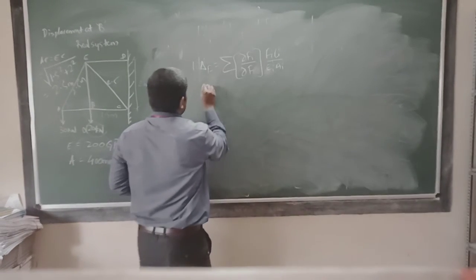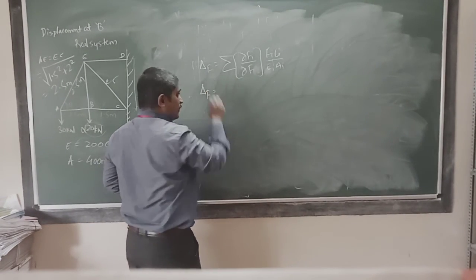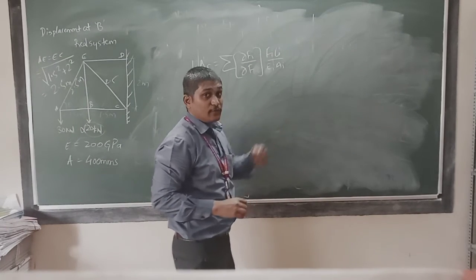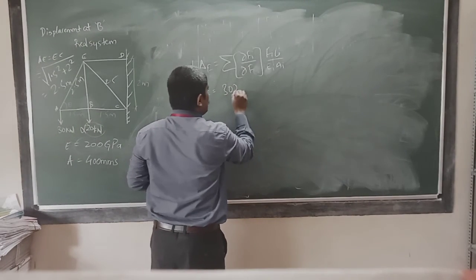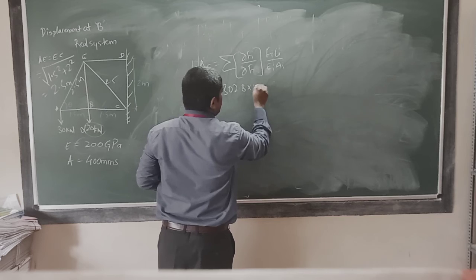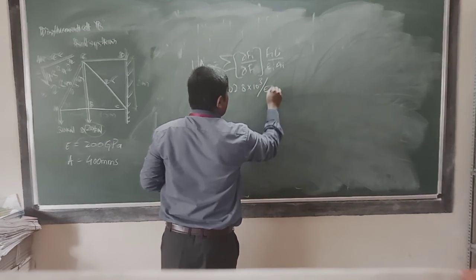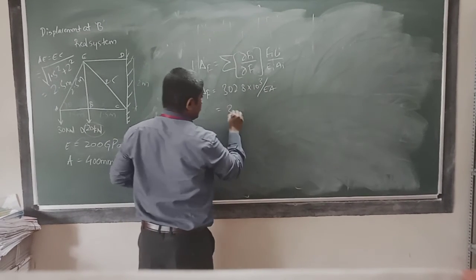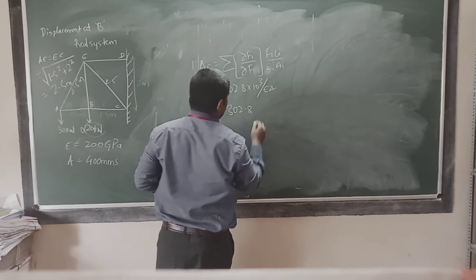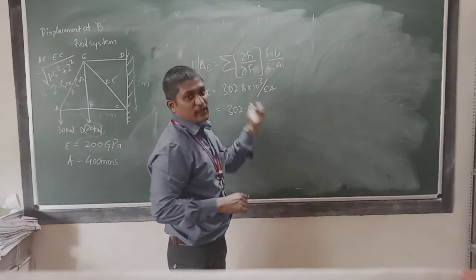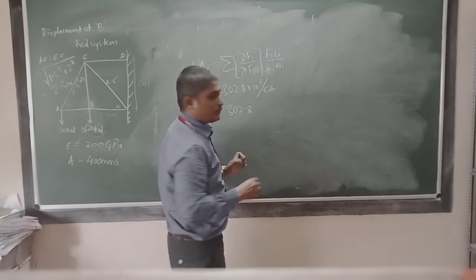Okay. We know that delta F is equal to, already we have calculated the summation of this, how much we have got? 302.8 into 10 raised to 3 divided by EA. If they give the EA value, you substitute. If they don't give, keep the answer like this only.